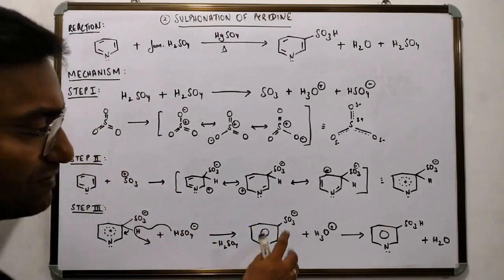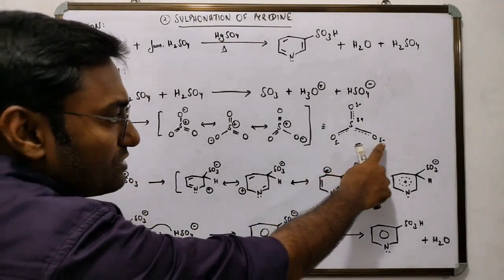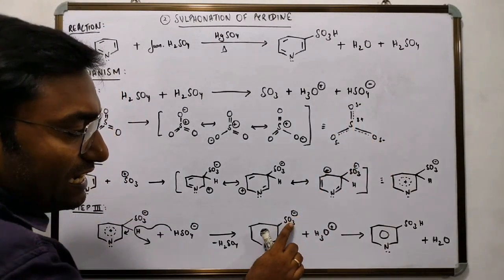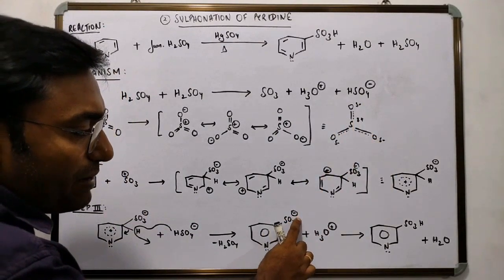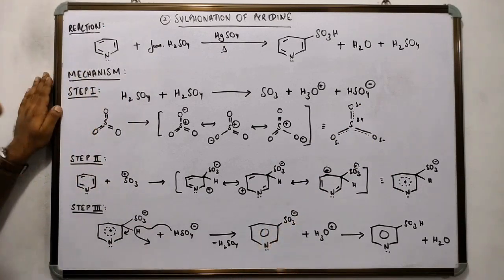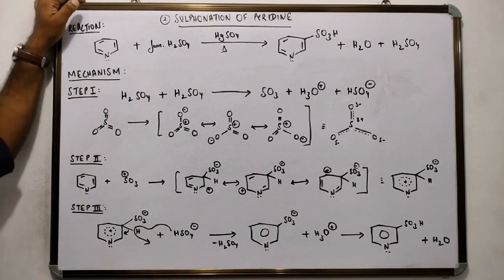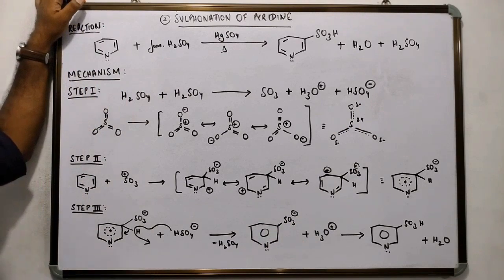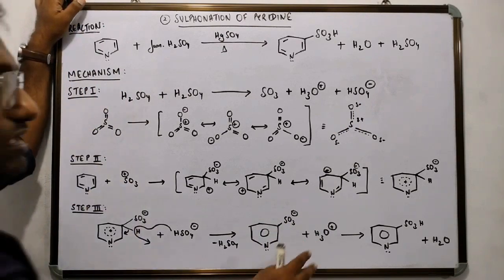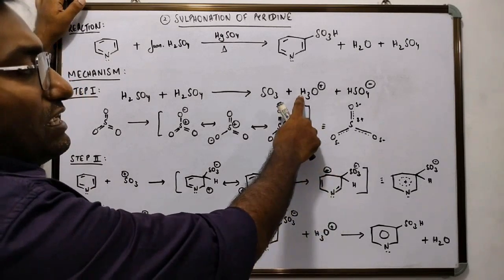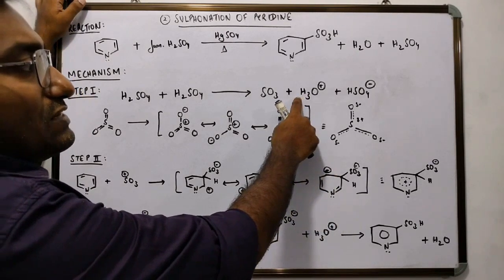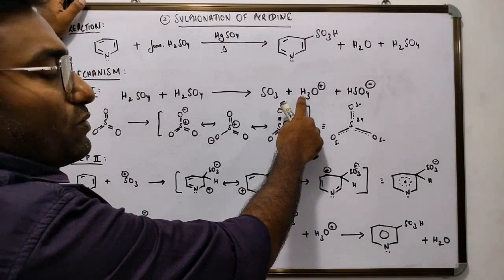It is good to remind ourselves that the oxygen of sulfur trioxide is still negative. It has a pair of electrons and thus acts as a Lewis base, ready to donate electrons to any incoming acid. An acid is present here in this reaction. It was released in step number 1.